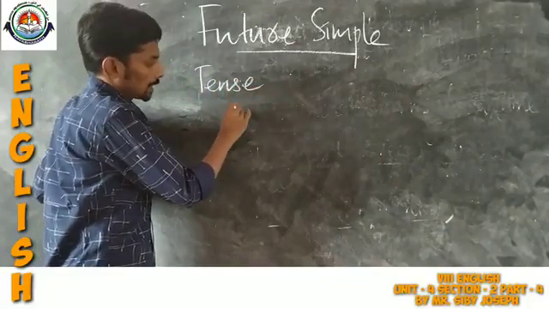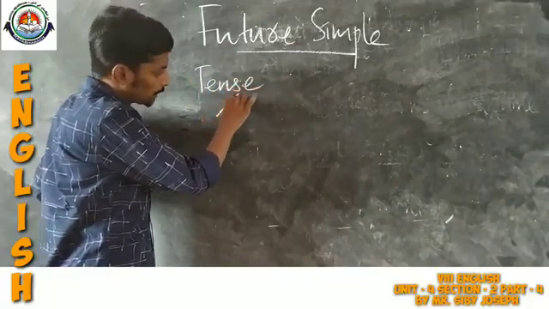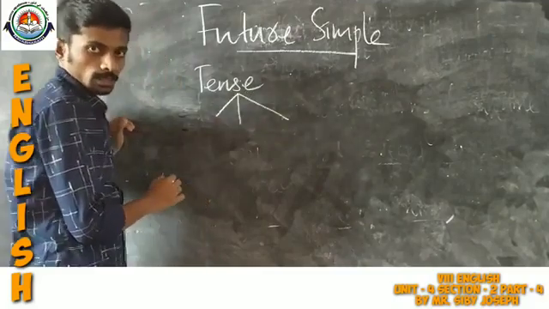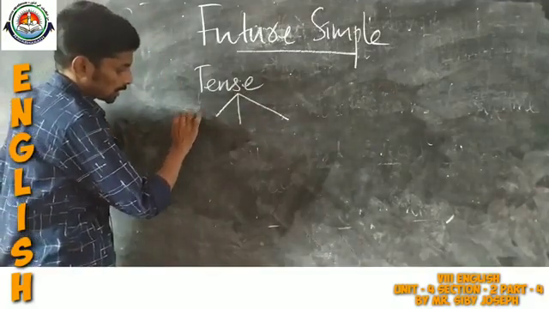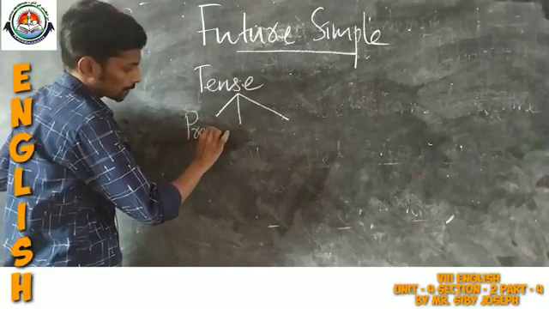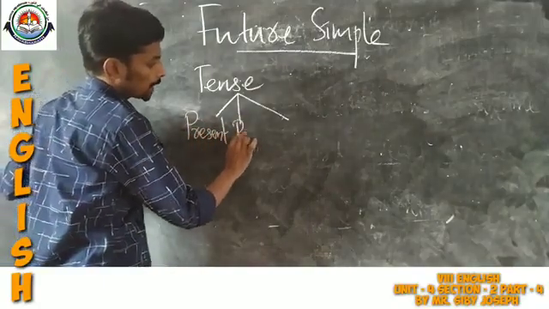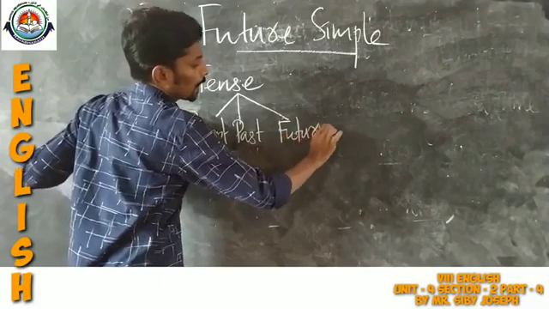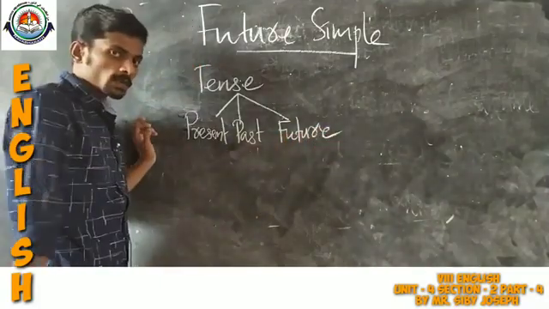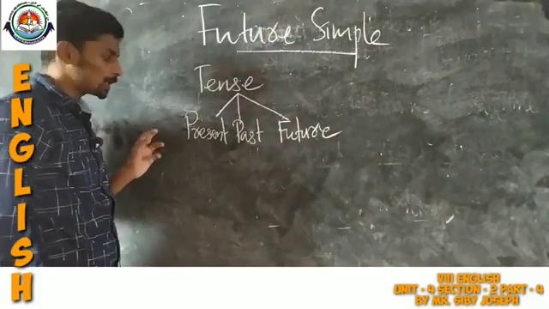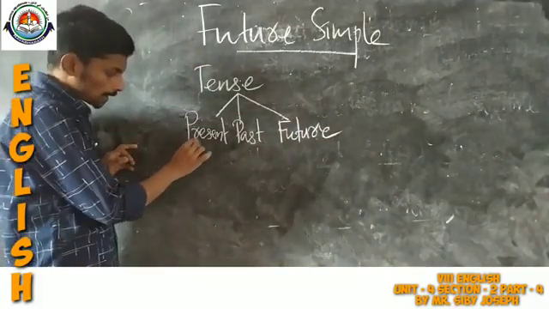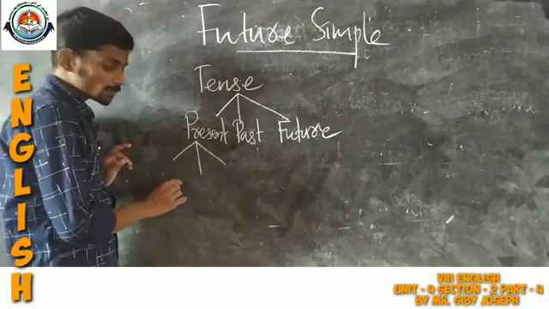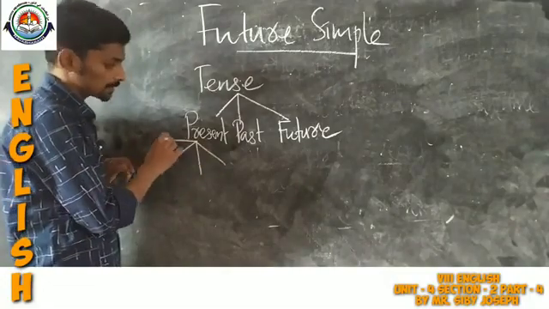Future simple. As I mentioned in the last class, tense can be divided into three broader categories. First one present, then past, then future. And in the last class, we also mentioned that each tense can be divided into four subcategories.